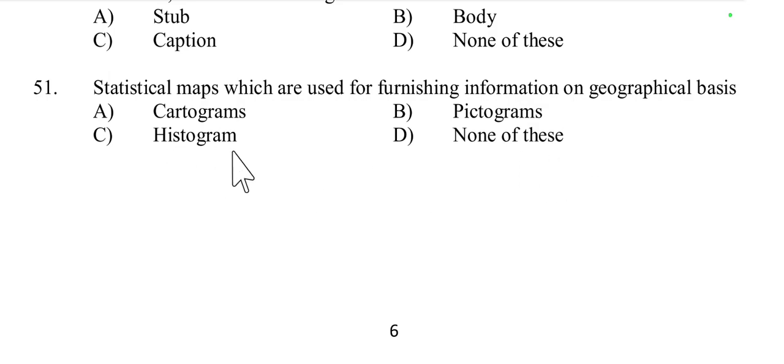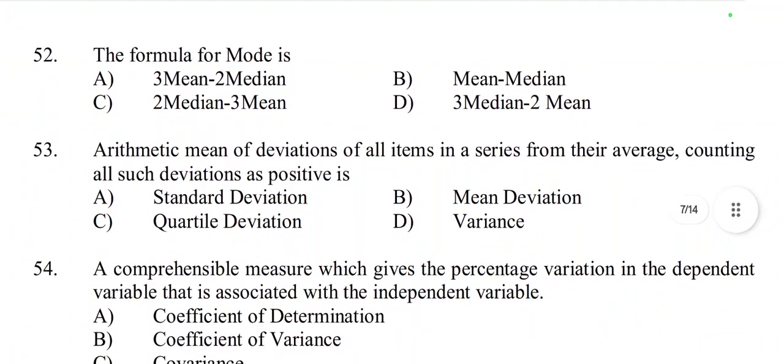That is called a cartogram. Cartograms are statistical maps where geographic areas are distorted in proportion to a variable, for example population, income, literacy rate, providing a visual, graphic, geographic representation. It is cartograms.